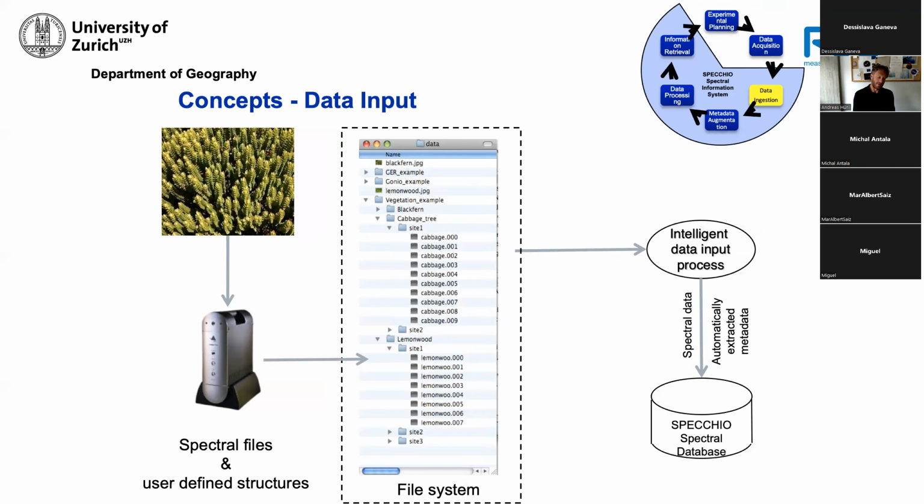So we capture the data structure, we insert the spectral data, and we automatically read the meta information from these input files. So it's best to have the raw output of the spectrometer, the original data files, because they contain most of the meta information.